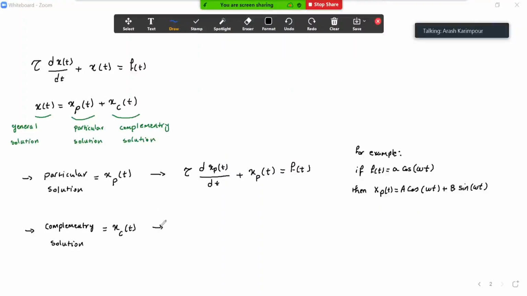Otherwise, it should satisfy this equation. So it should satisfy dxc(t)/dt plus xc(t) should be 0. So it should satisfy this equation here.